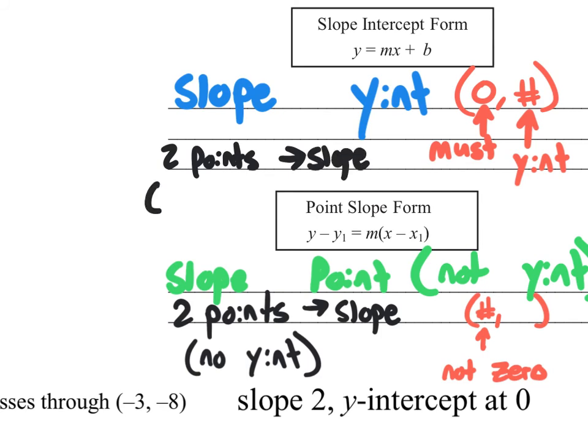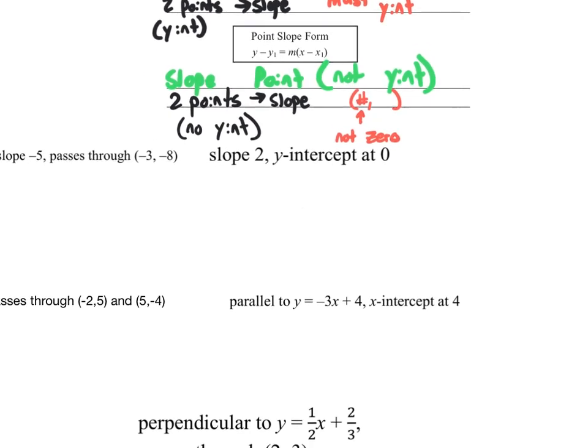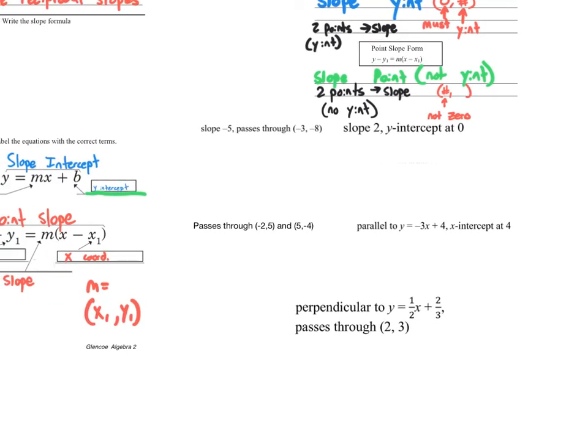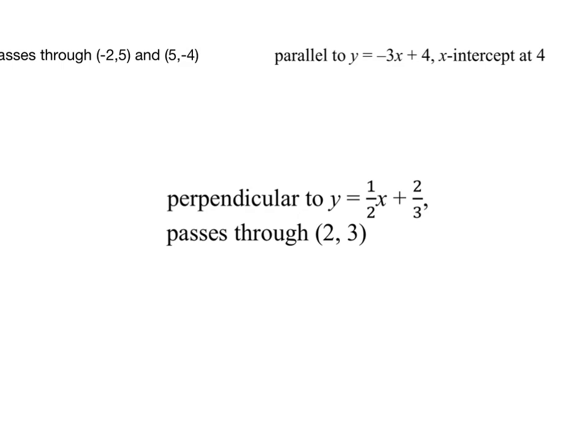And if one of those points is your y-intercept, we would use slope-intercept form. So we have 2 different ways of doing it because sometimes we get different pieces of information. And one of the things that we'll be learning together is when to use each one and how to practice writing equations based upon pieces of information, and even taking on situations such as perpendicular and passes through.